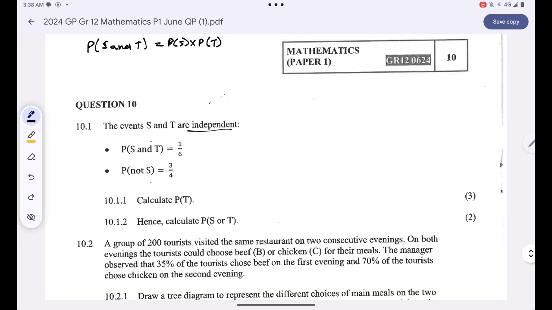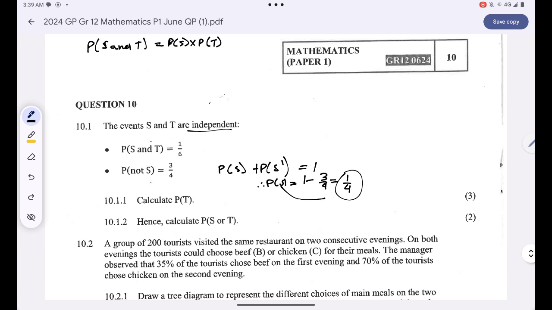We are told that the probability of S and T is 1 over 6, and the probability of not S is equal to 3 over 4. Please note that the probability of S plus the probability of not S, its complement S prime, should be equal to 1. So the probability of S is 1 minus 3 over 4, which is 1 over 4.